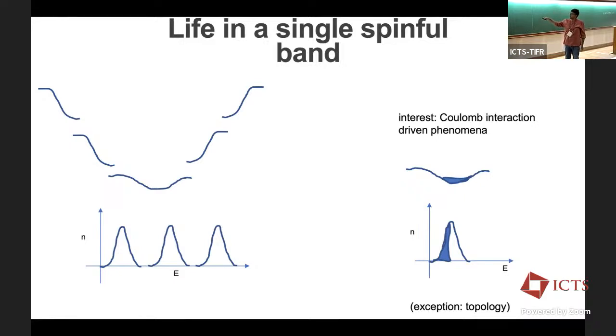And you can imagine what life is like in a single spinful subband, in the case of WSe2, which you can control the doping, and you can also control the bandwidth, as I'll explain in just a second. And for almost everything, this kind of description is reasonable. Of course, if you're dealing with topological properties, then you have to worry about multiple bands. But in this talk, I'll not be discussing any topology.